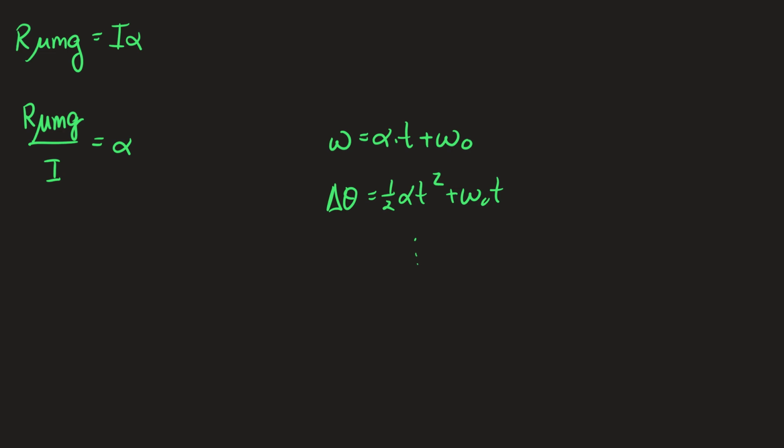Doesn't seem like it'd be too much work for us to come up with a relationship for the angular speed as a function of time. Right? Do you see that okay? So I'm going to do so. Omega equals R mu mg over I times t plus 0, because the angular speed is 0 at time 0.